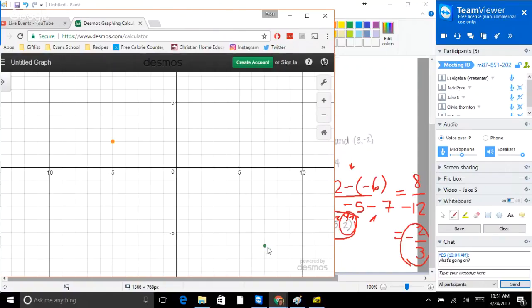Okay, so I rise 1, 2, 3, 4, 5, 6, 7, 8. I rise +8, and I run -1, -2, -3, -4, -5, -6, -7, -8, -9, -10, -11, -12. So I actually rise positive 8 and run negative 12, which is what I got when I subtracted the numbers, right? Which is the same as negative 2 over 3.